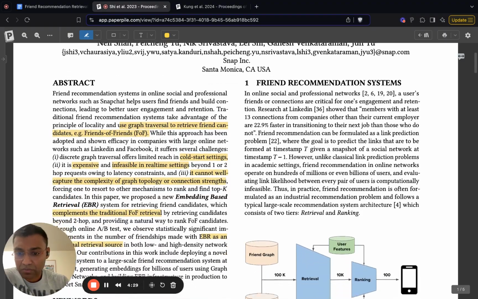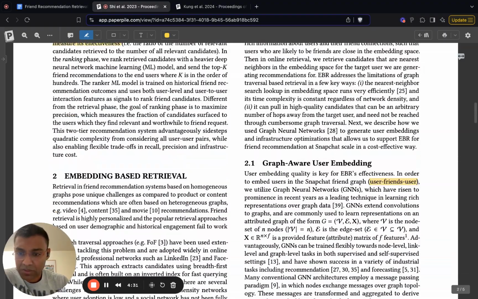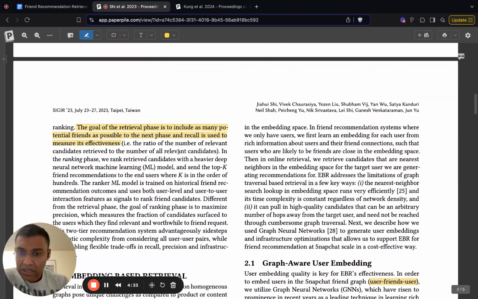We're not going to do much here, but I just want to make a minor digression into how, when you're coming up with an improvement of friend recommendation retrieval, you know it's actually improving. What is the metric you can use in your experiments to see if you're improving retrieval?